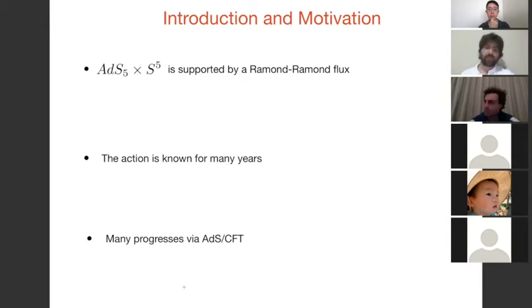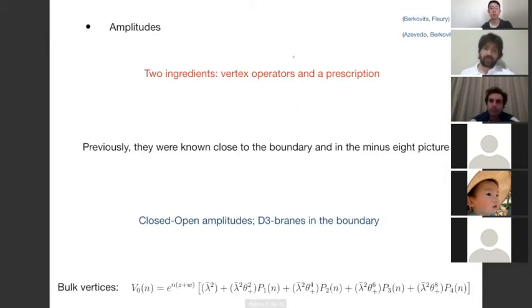So there is much progress in understanding these backgrounds, and in understanding correlation functions and amplitudes via AdS/CFT. Also, to compute amplitudes in this formalism, you need, of course, vertex operators that describe your states, and also a prescription for the zero modes of the worldsheet variables. So there is a prescription.